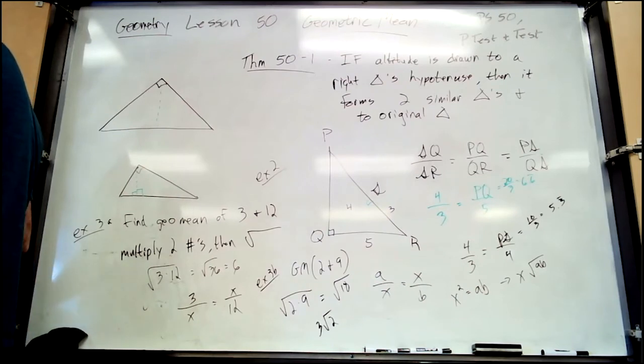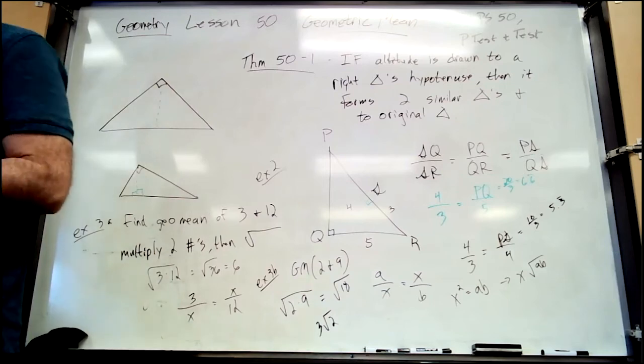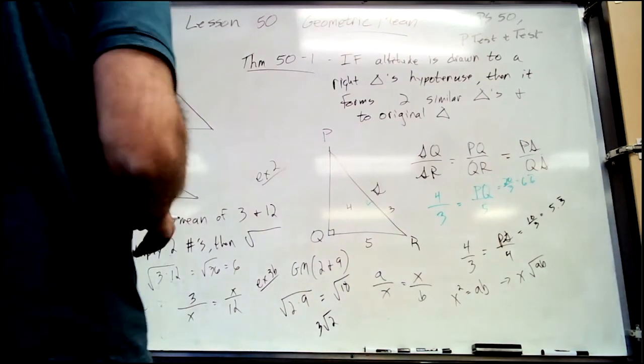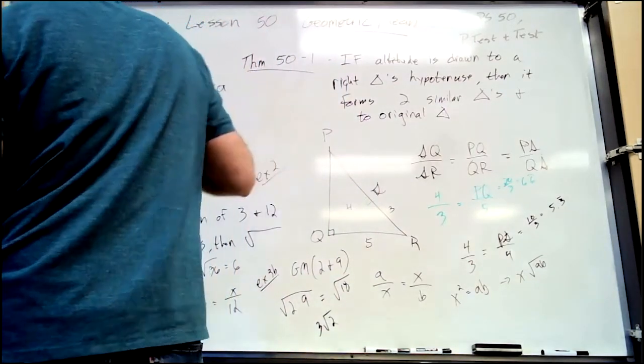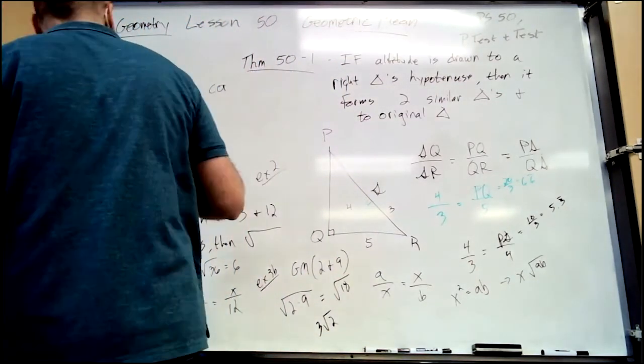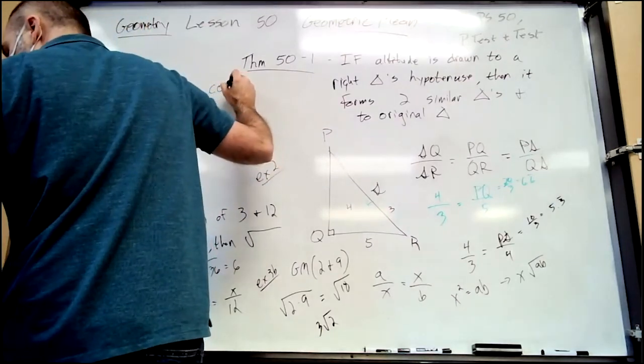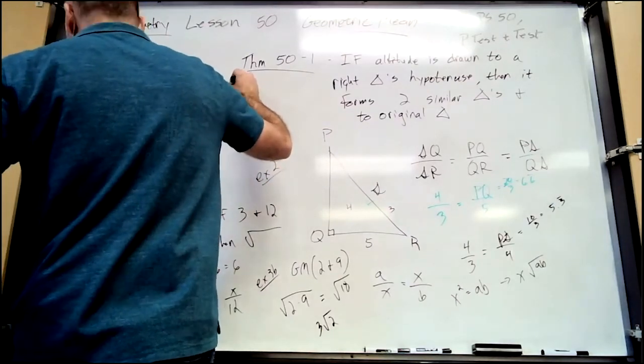All right, a couple corollaries. If the altitude is drawn to the hypotenuse of a right triangle, then the length of the altitude is the geometric mean. Okay, here's the corollary to this. Corollary 50-1-1.